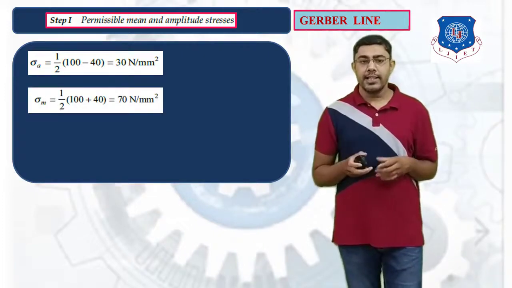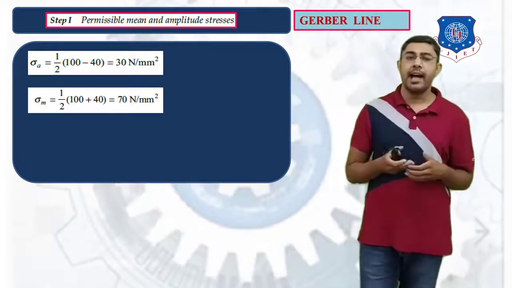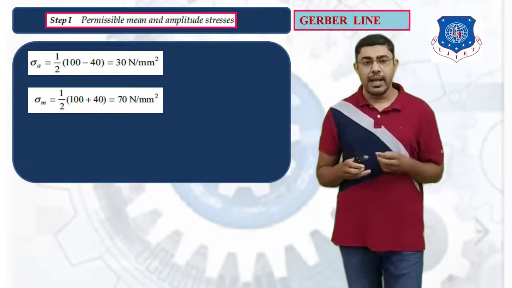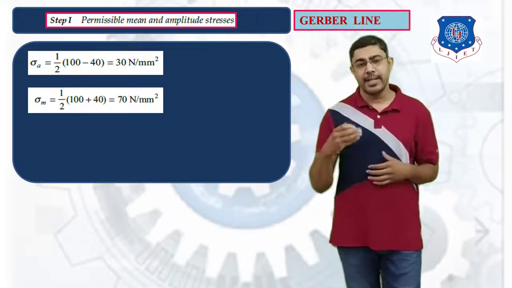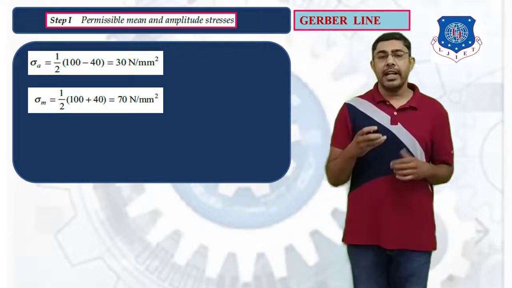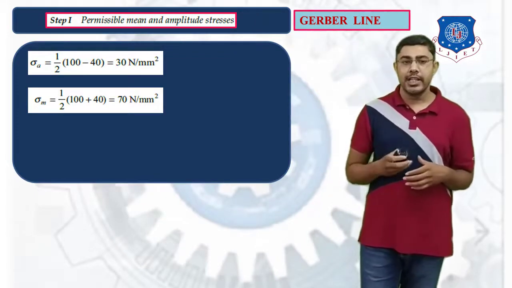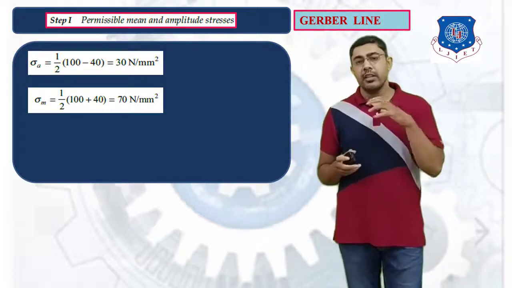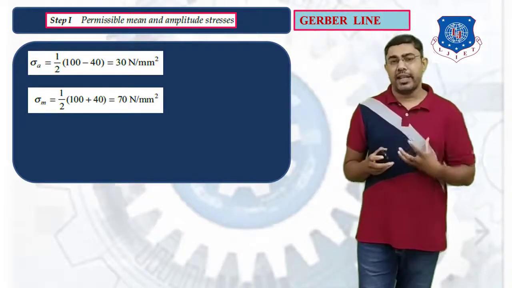Now the mean stress sigma M is equal to one half of sigma max plus sigma minimum, and by placing the values we get sigma mean equal to 70 Newton per mm square. Now we have to calculate the factor of safety.